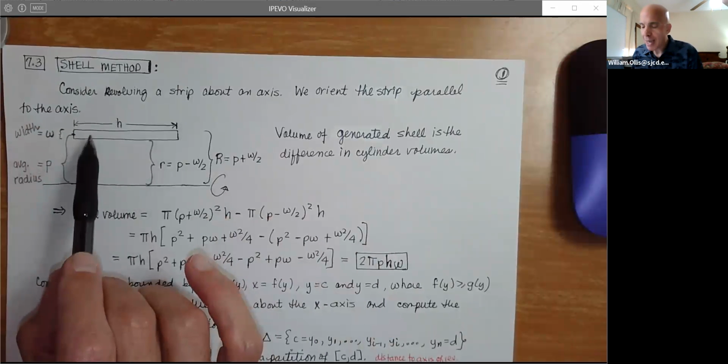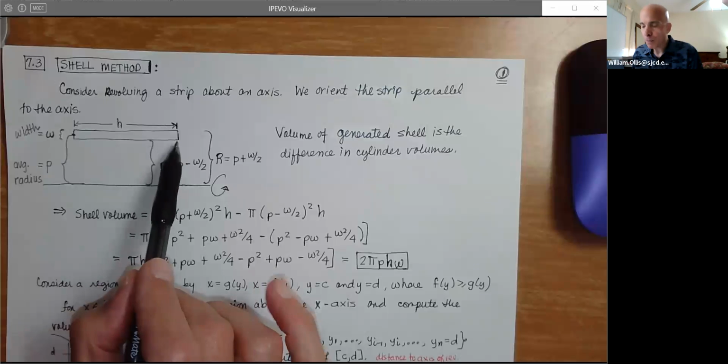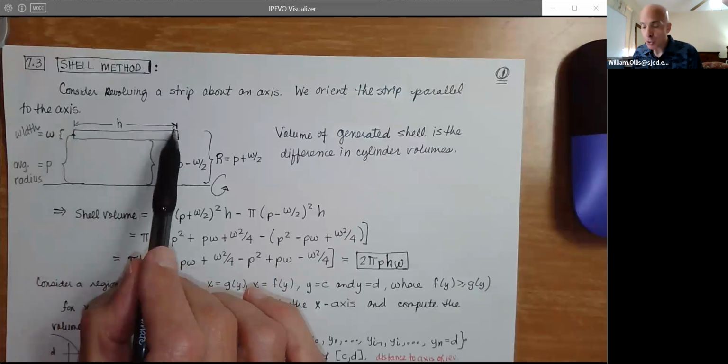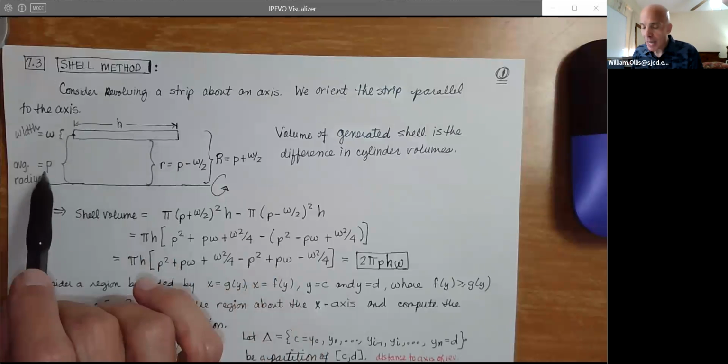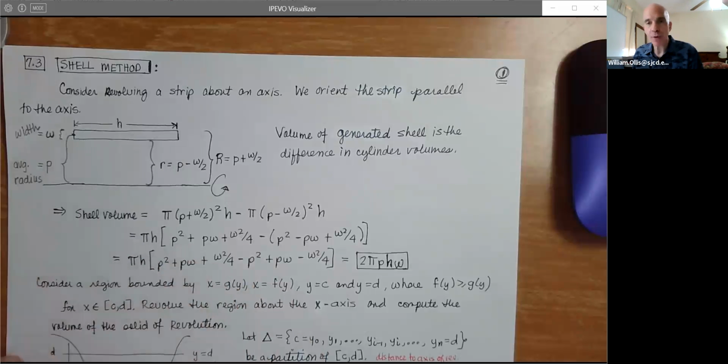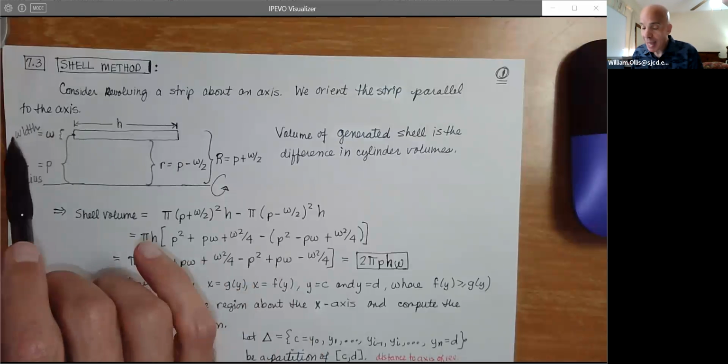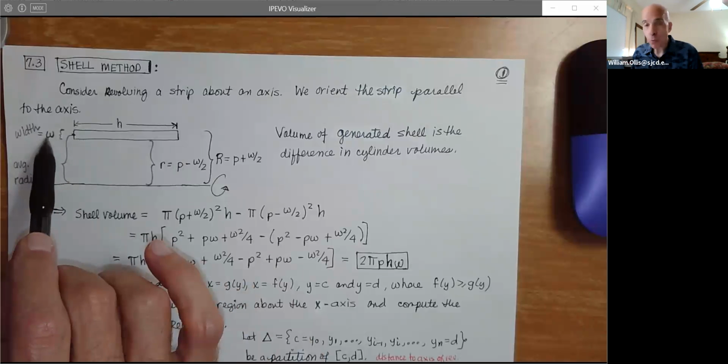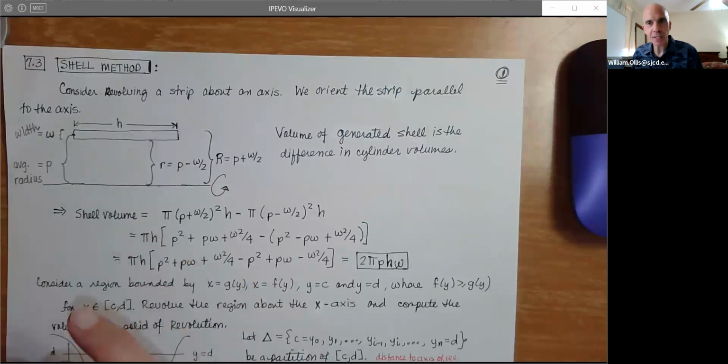So you take a strip or rectangle of length H, and we have P to be the average radius, that is right in the midpoint there. And we have the strip of width omega. So this is kind of setting up for infinitesimals when we do the Riemann sum.